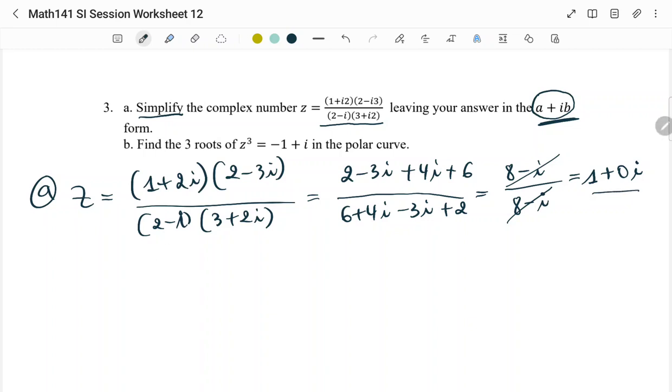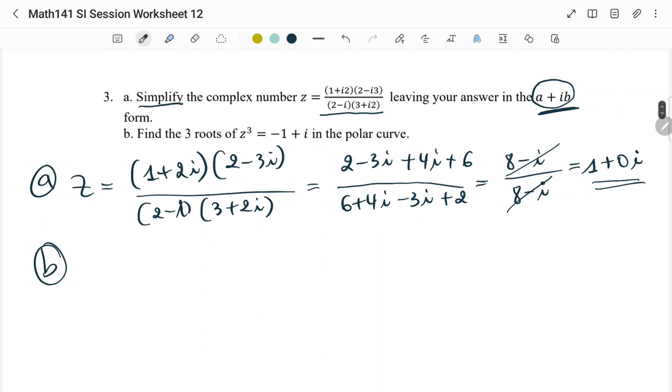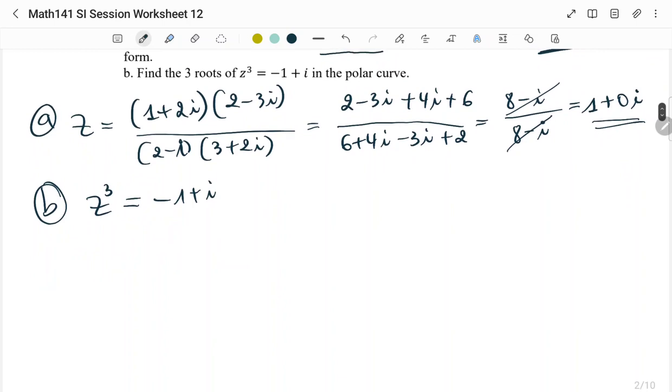Now, moving on to sub question B, we are asked to find the 3 roots of the equation z cubed is equal to negative 1 plus i. First things first, what is r? What is theta?